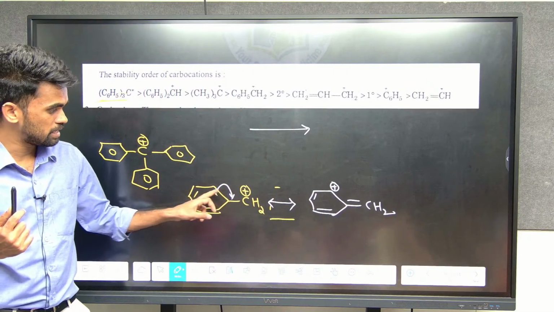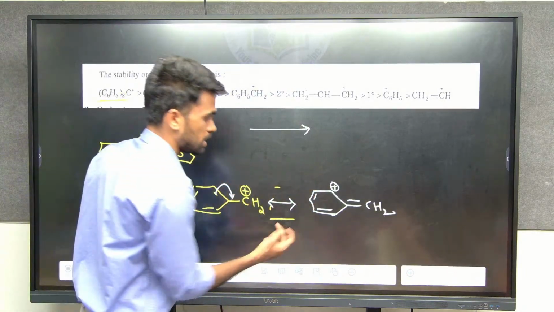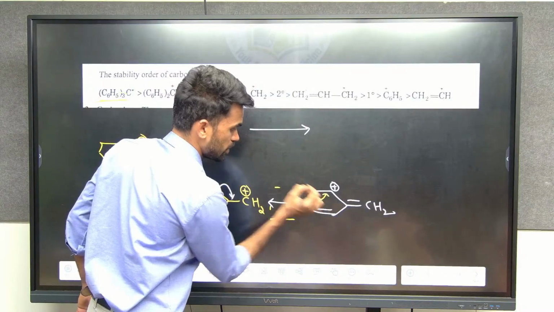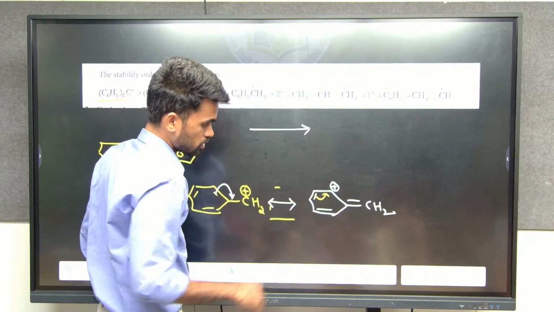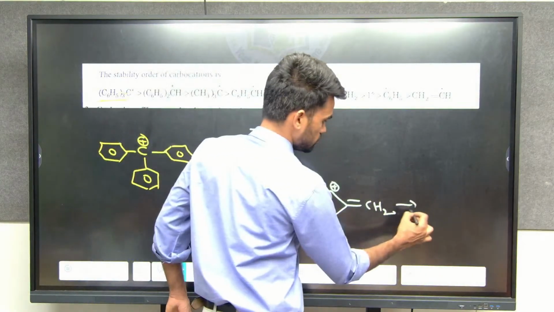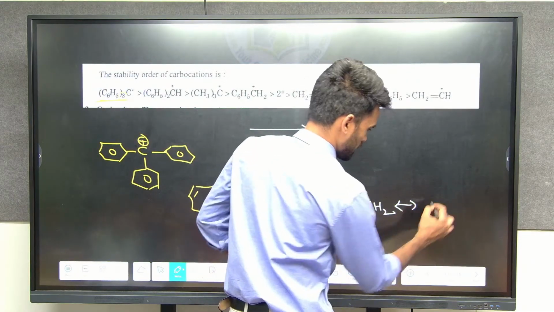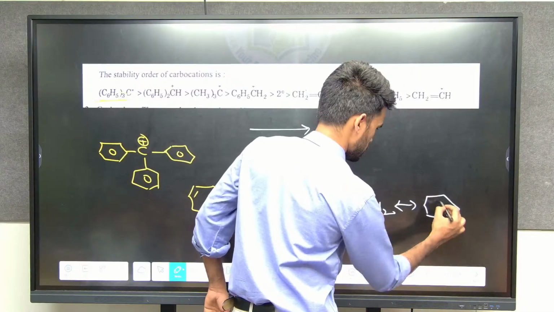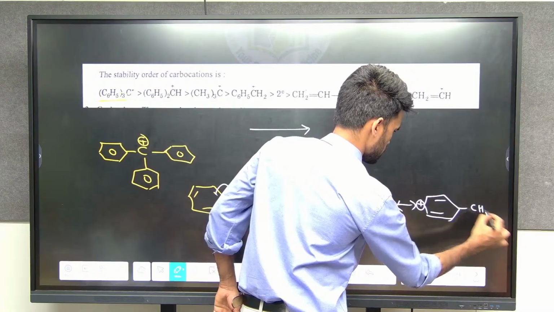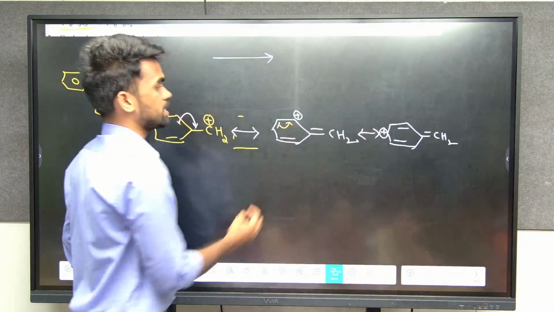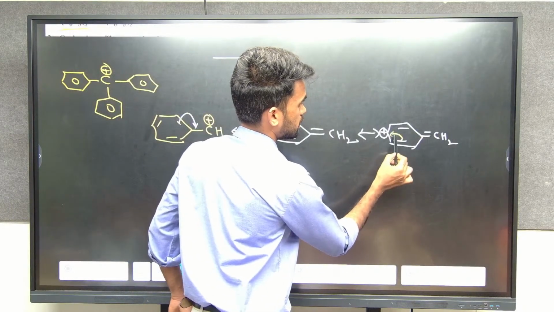If it is shifting here, this carbon is losing the bond. So that's why there is positive charge on it. Again shift once again this one. Like this. Where should the positive charge be written? Here. Okay, next, conjugation like this.